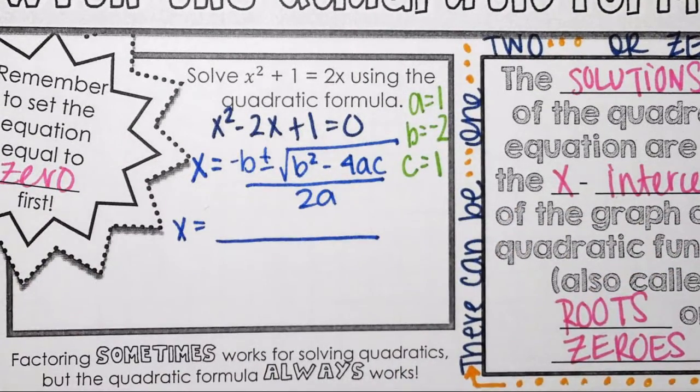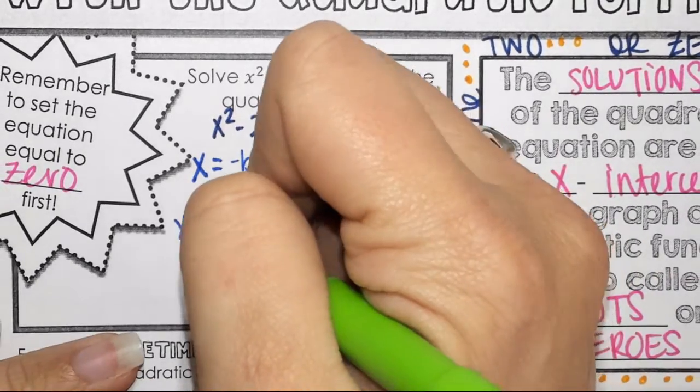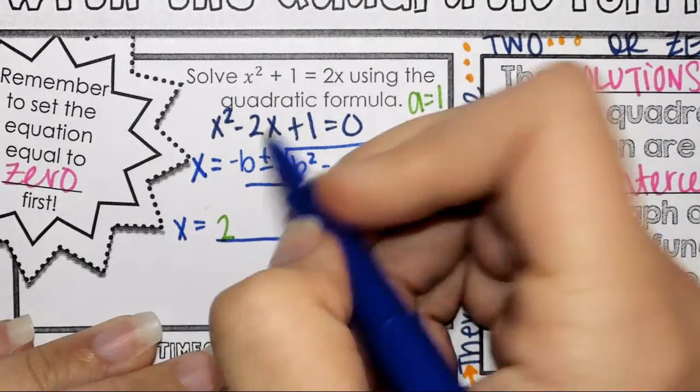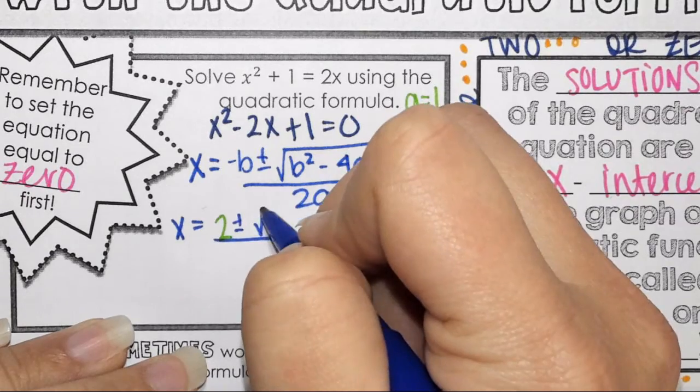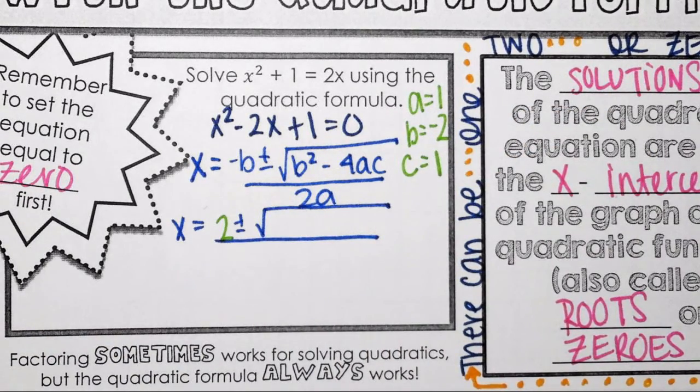So opposite of b, what are we going to plug in? Positive 2, good. Plus or minus the square root. What is b squared?